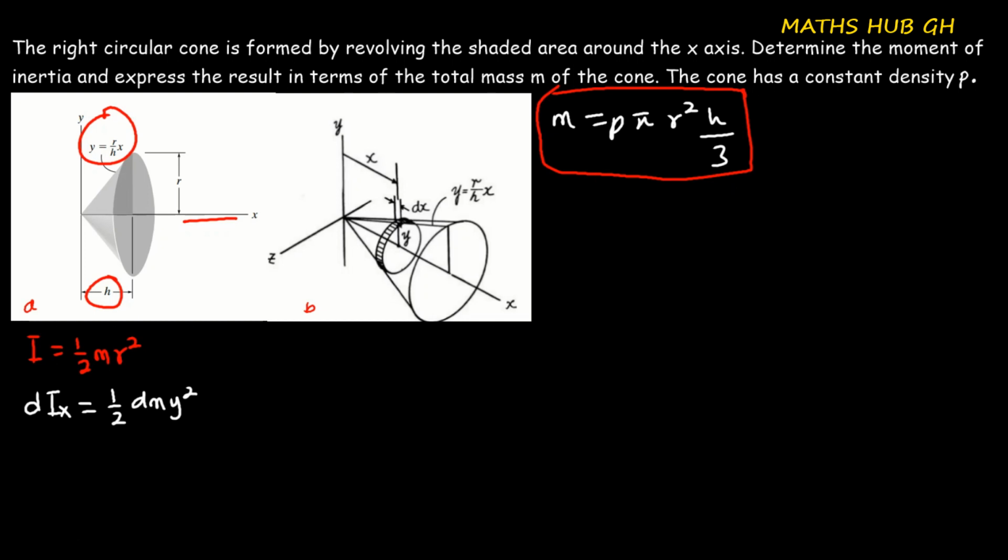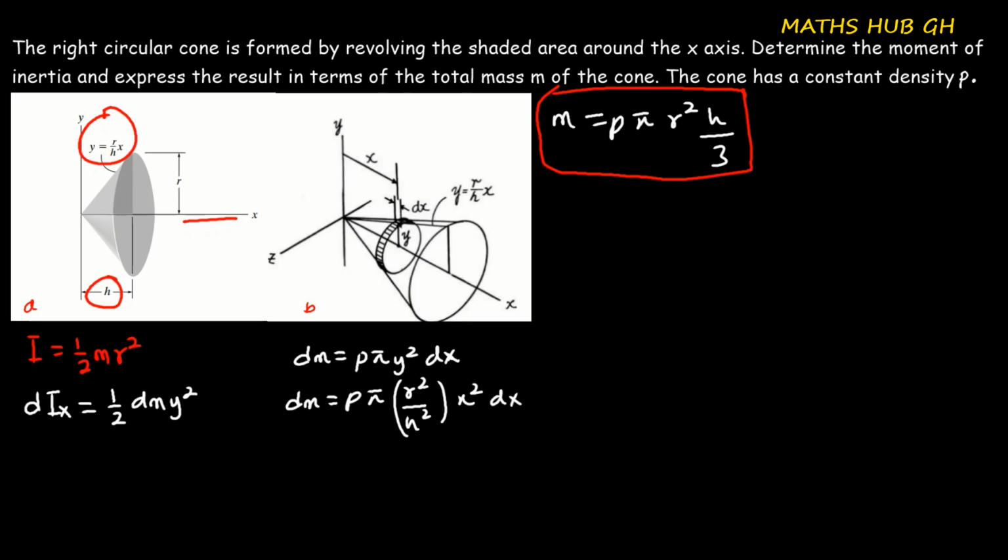Okay, so I actually cleaned the expression for the mass, so let me write this again. For the mass we have m equal to rho pi y squared dx. And then we have an expression for y, so we're going to have m equal to rho pi r squared over h squared multiplying x squared dx, right?